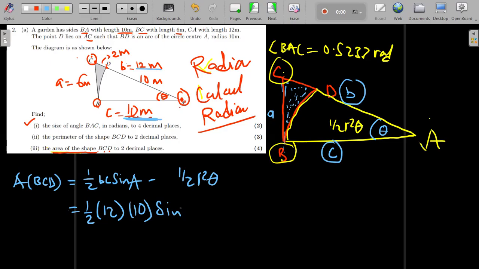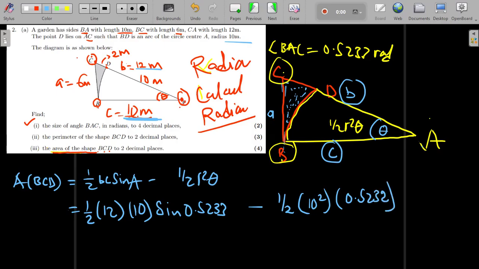The angle that we found in radians was 0.5233. And then minus 1/2 of r squared. Our r is our radius. We've been told here that it's 10. So 10 squared, multiplied by the angle, which is in radians, 0.5233. So let's calculate the area.